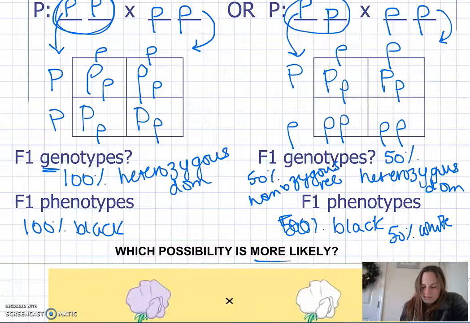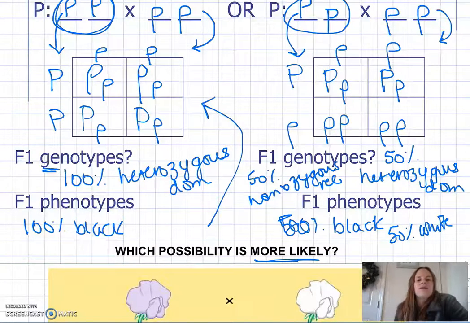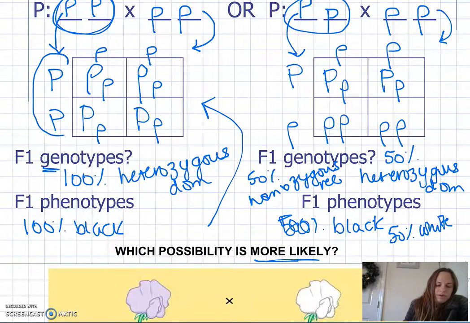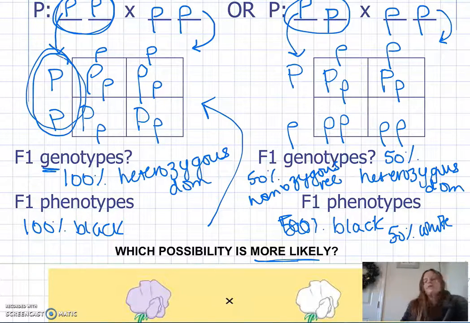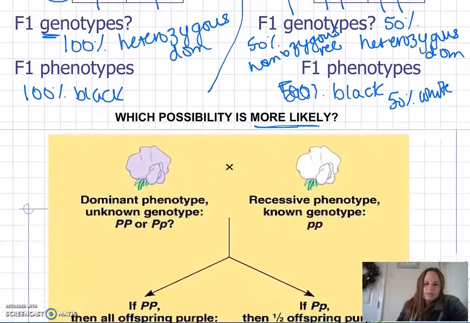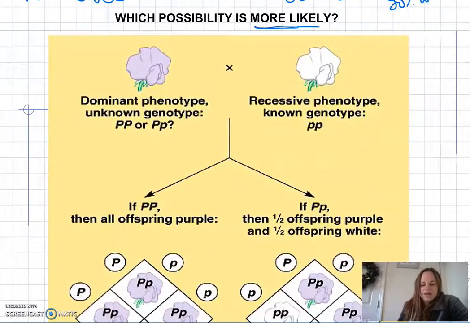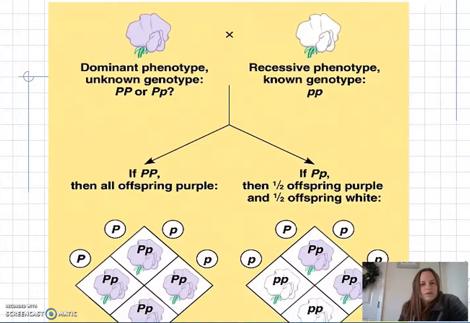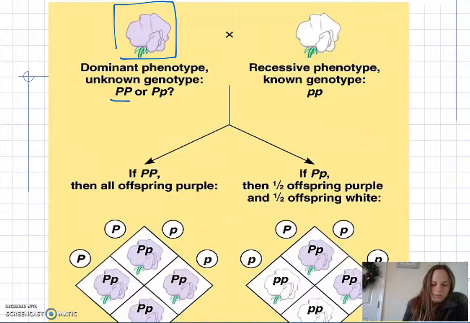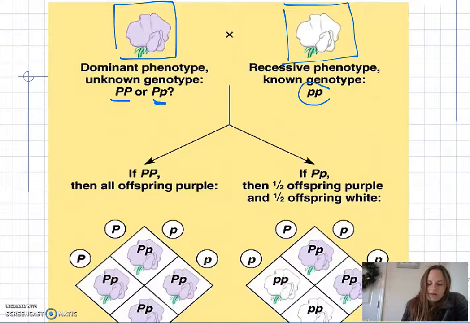So which possibility is more likely? It's more likely that our unknown guinea pig has the genotype for homozygous dominant. This was an example of a test cross that Mendel might have done, where he did not know whether the purple flower was homozygous or heterozygous, and he crossed it with the recessive white flower, which had to be homozygous recessive.